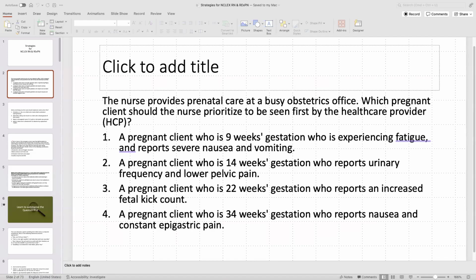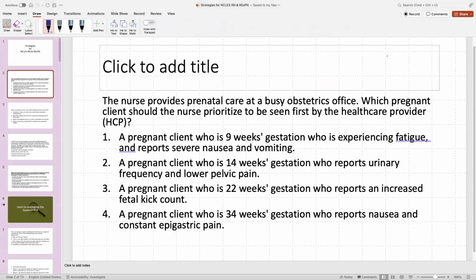Now, before going to the options, please don't read options one, two, three, four. Do not look into options two, three, and four. Just read option one, and you have to do three things with each option. One, if you know this is a correct option, you keep it.